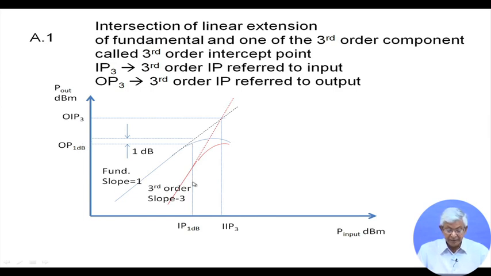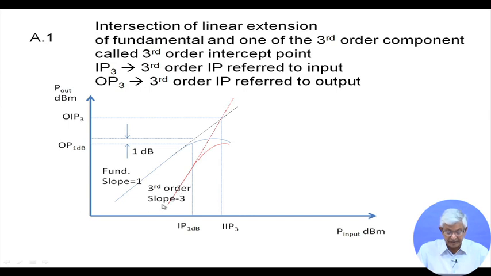And the third order intercept is generated by the third order component. Now, the third order component generates much later because of its coefficient. So, it comes out of the noise level much later, but because it is a cube, its slope is 3, it goes up very fast.